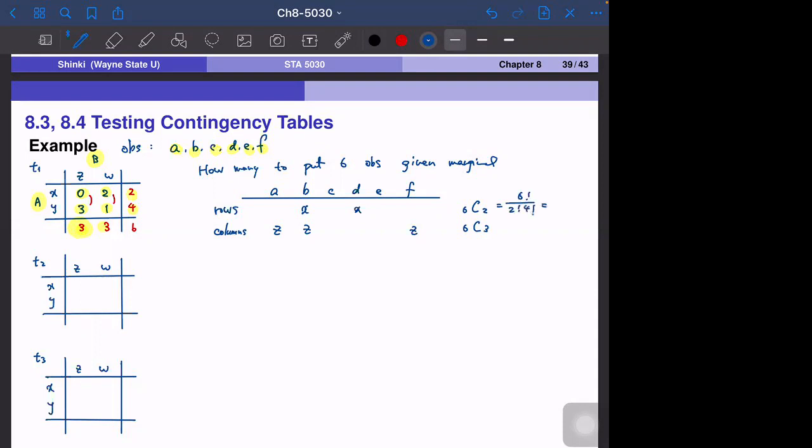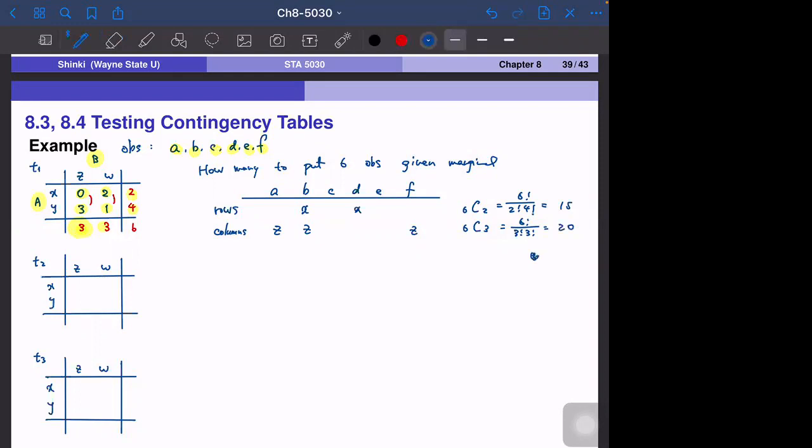And this is actually 15. And the combination 6 choose 3 is 6 factorial divided by 3 factorial, 3 factorial. So this is 6 times 5 times 4, so 120, divided by 6, so that is 20.